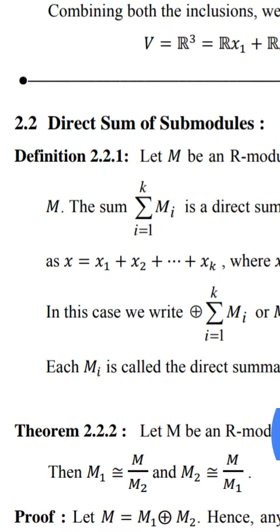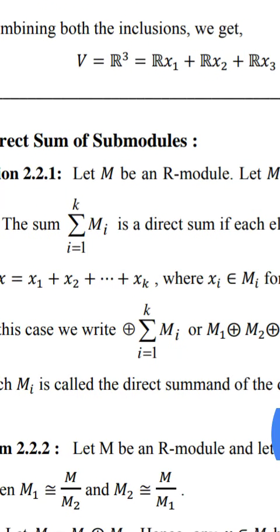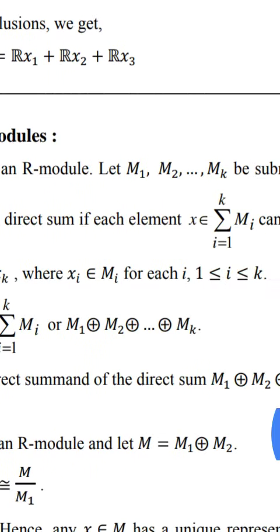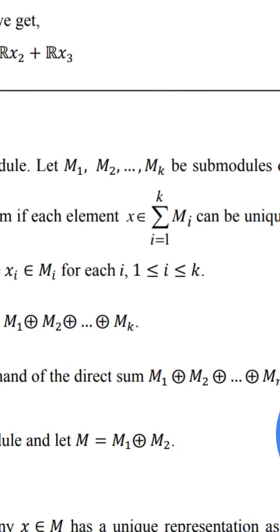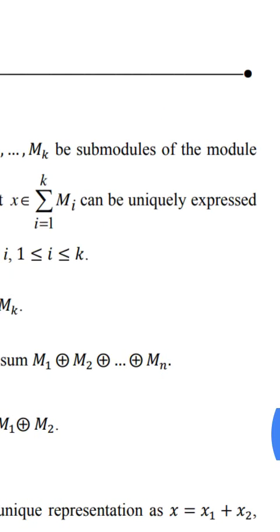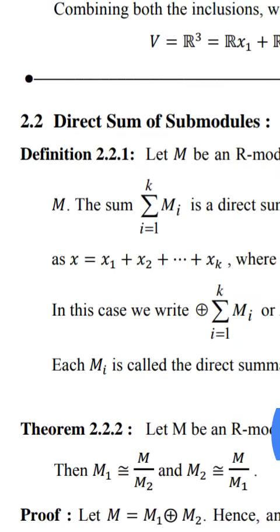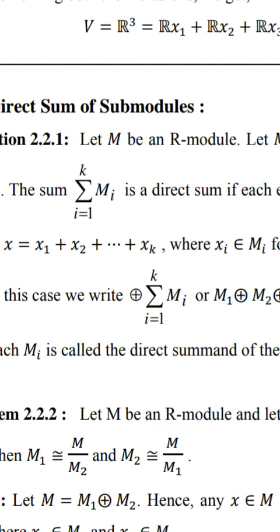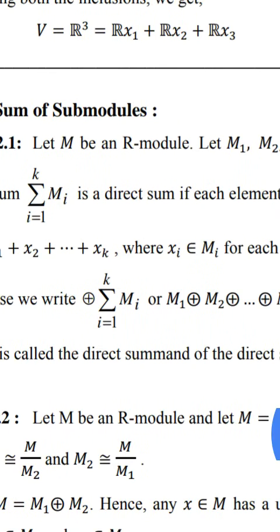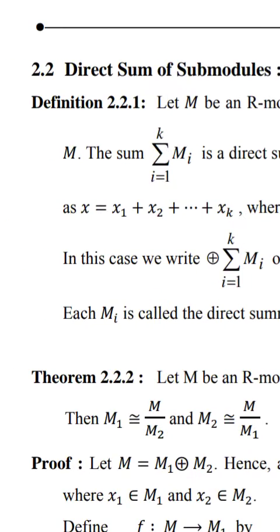Then the summation of Mi, i is equal to 1 to k, is a direct sum if each element x belonging to the summation of Mi, i is equal to 1 to k, can be uniquely expressed as x is equal to x1 plus x2 plus ... plus xk, where xi belongs to Mi for each i, 1 less than or equal to i less than or equal to k.